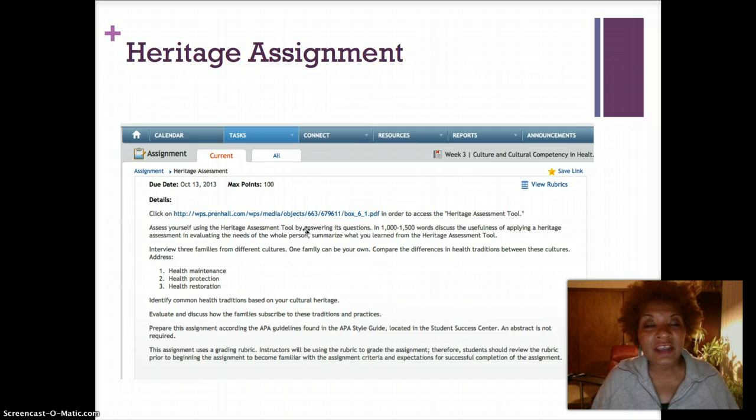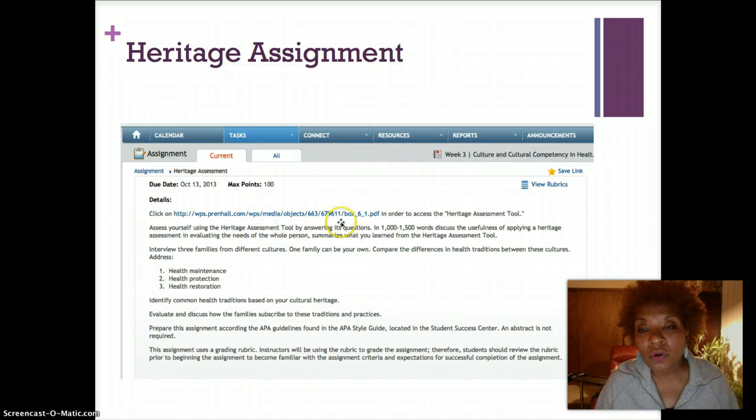In acute care, the Joint Commission and other accrediting bodies expect you, the nurse, to provide culturally sensitive care. In community health, we're looking for the nurse to understand various cultures and cultural communities and culture within families to help those systems of individuals grow and come to better health.